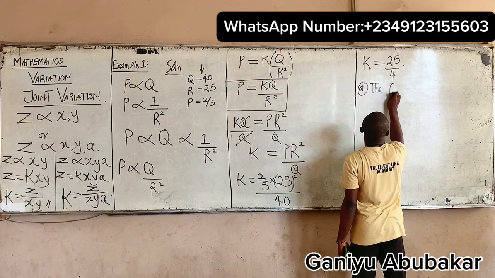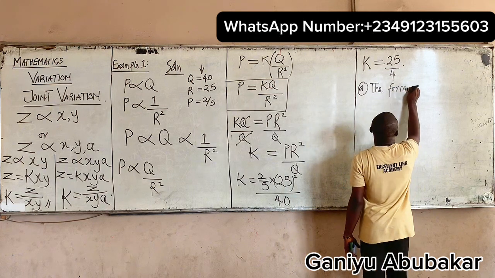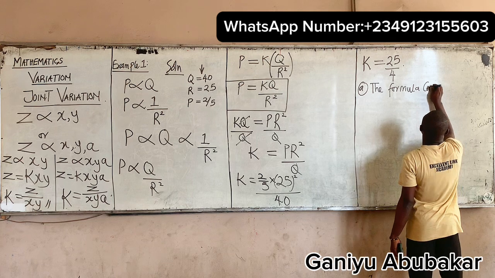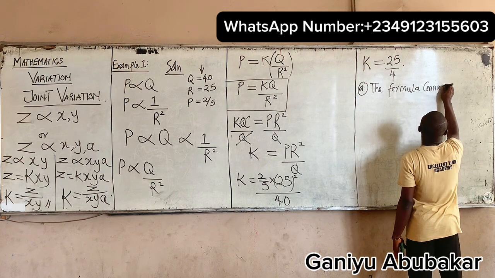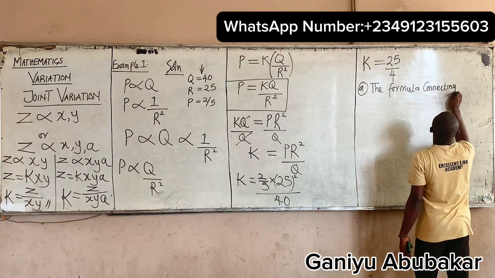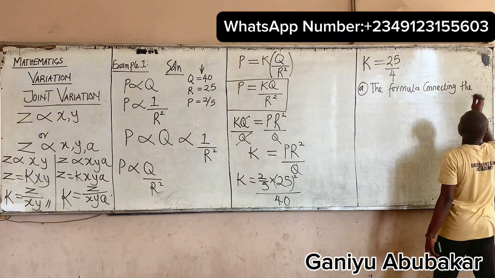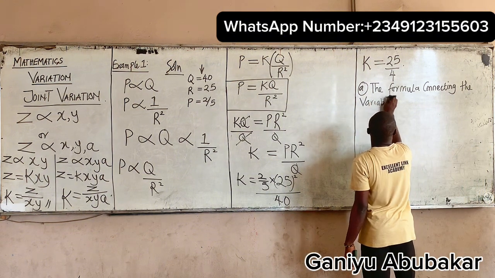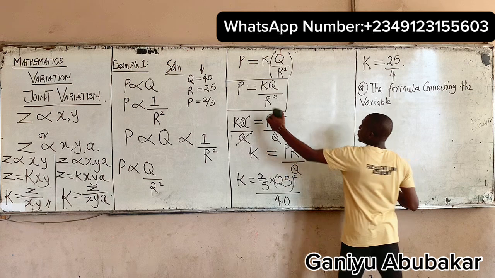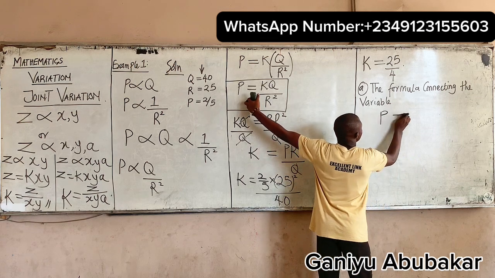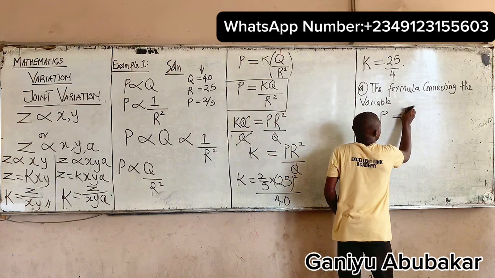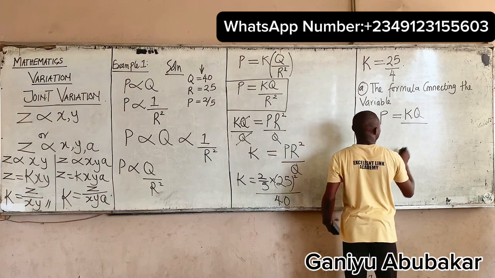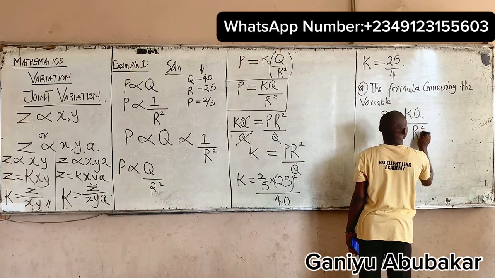The formula connecting the variables is given as P equal to KQ all over R squared.